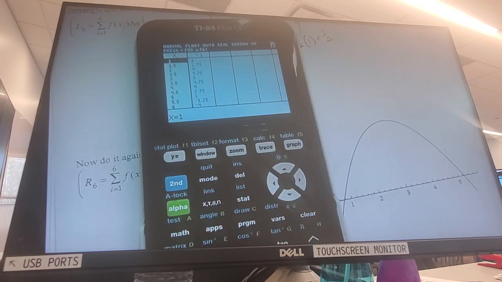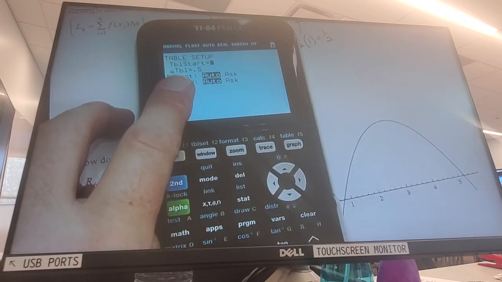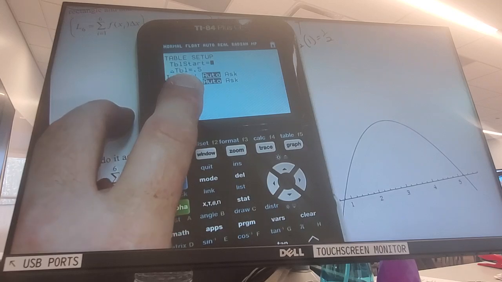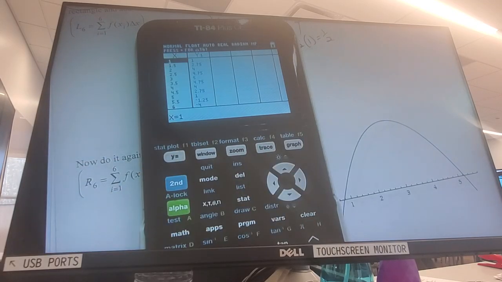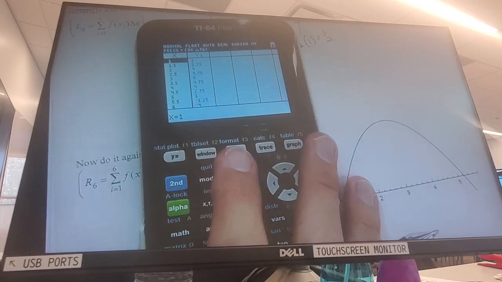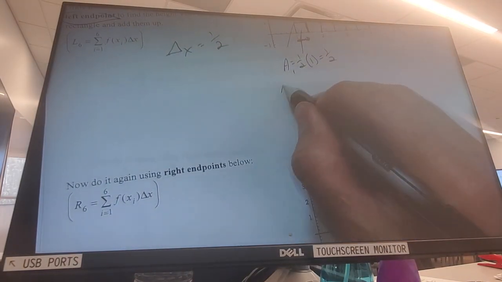Very useful. So whatever your width is, you just make that delta. This should say delta x, that'd be great, but it says delta table, which doesn't make sense, but it'll be okay. So let me see.